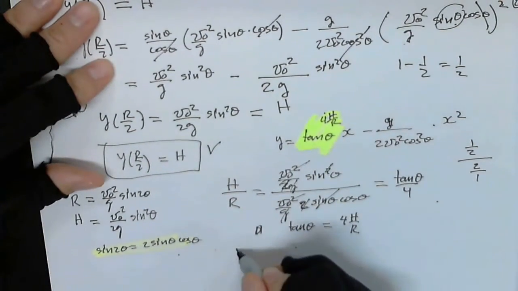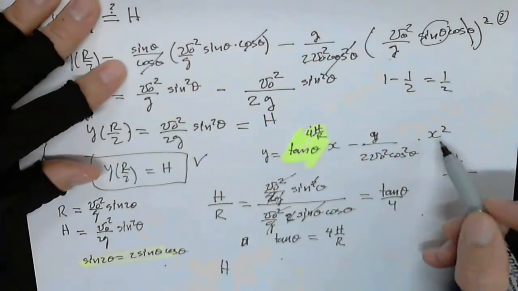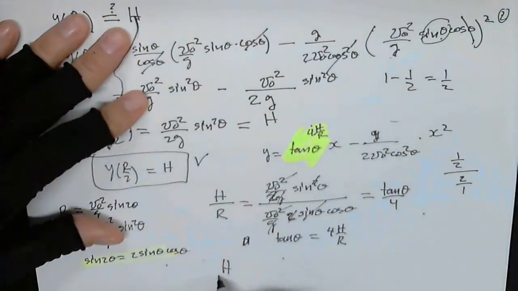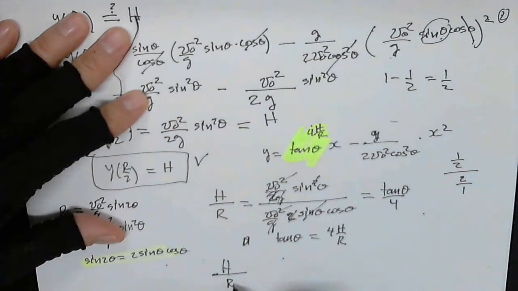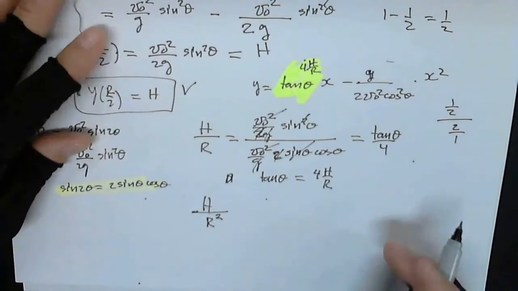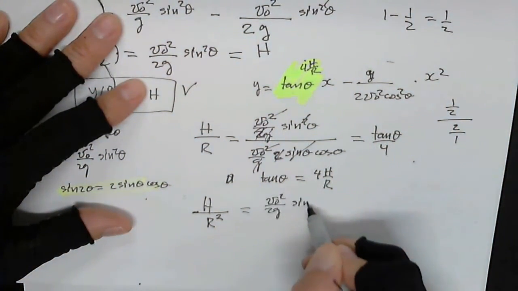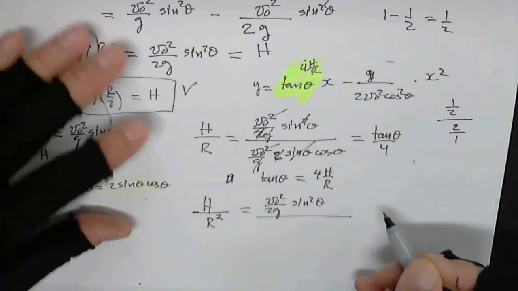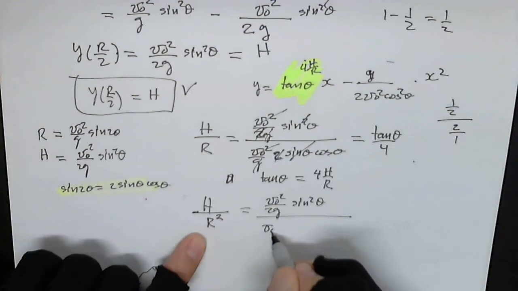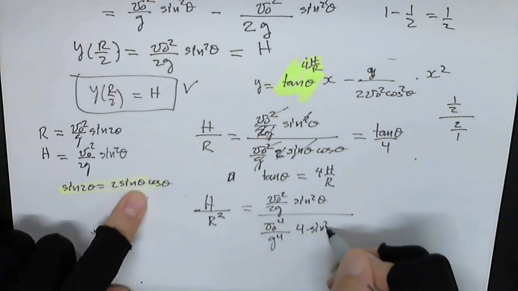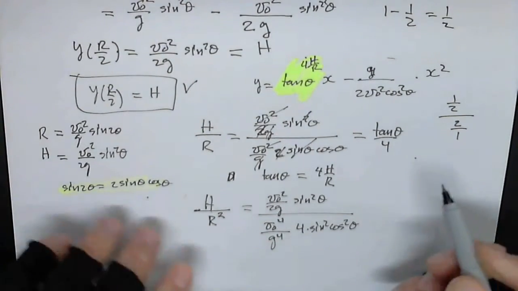Now we'll do the same. Since this is x squared, this has to have units of 1 over meter. So we do h over r squared. So v naught squared over 2g sine squared over r. It's going to be v naught to the 4th over g squared, then 4 sine squared cosine squared. And that's the reason I did it.